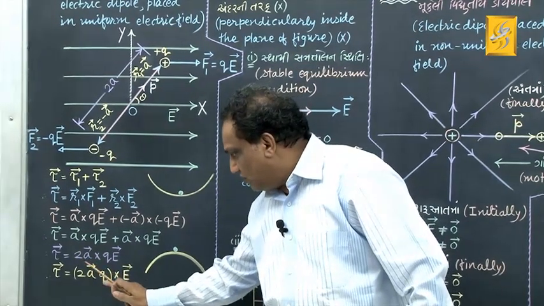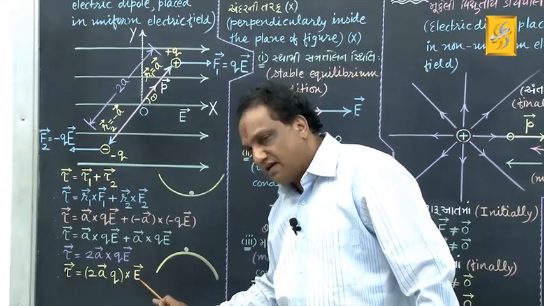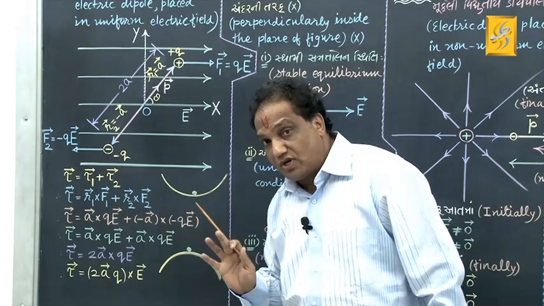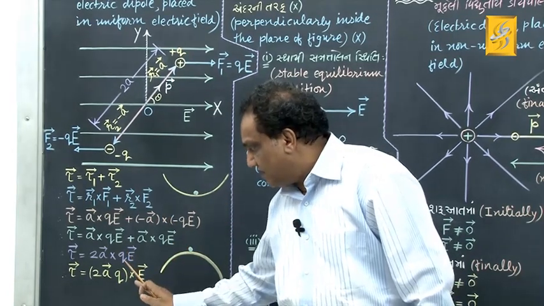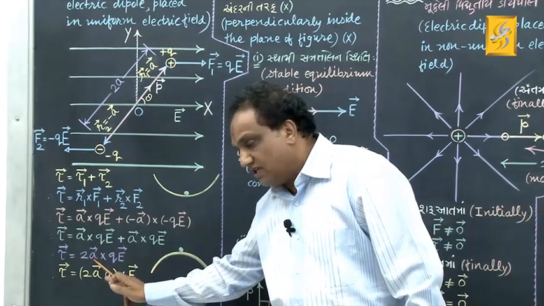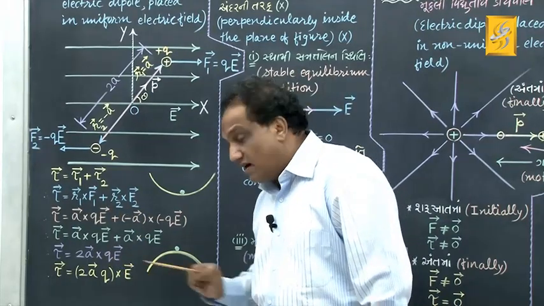So I am writing 2 into vector a into q cross vector E, correct. Here the order of the cross product I am not changing, I am only shifting the position of q. Instead of multiplying with vector E, I just multiplied with this vector. Okay, fine. Now you must have come to know why I did it like that.